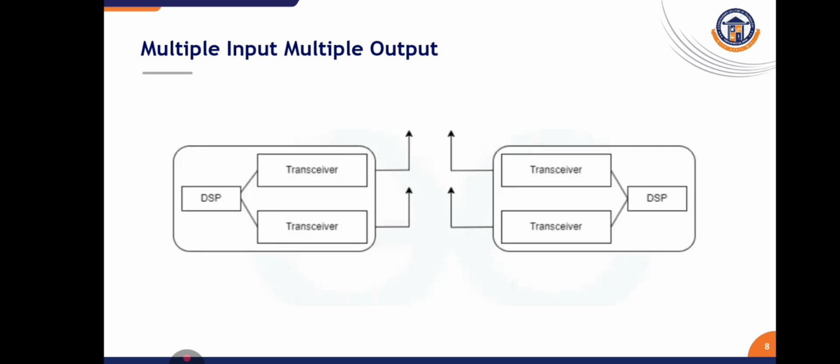This is a structure of multiple input and multiple output. We have a digital signal processing transceiver with two transmitters, and on the output side we have two receivers and the digital signal processor. The control strategy of MIMO systems is inherently more complex, requiring consideration of the relationships between the various inputs and outputs.